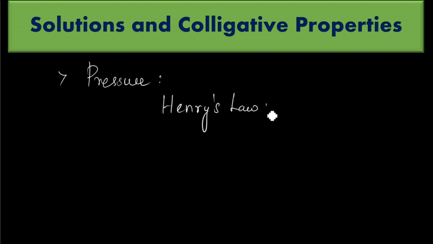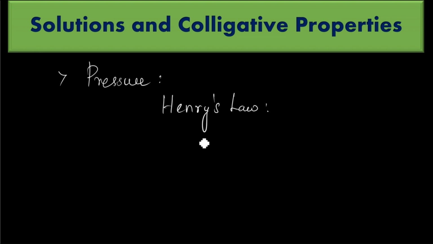And the third very important factor is pressure. Here we are talking about the most important law, Henry's law. The first formula I'm going to introduce in this chapter is here. First, let's talk about the law.